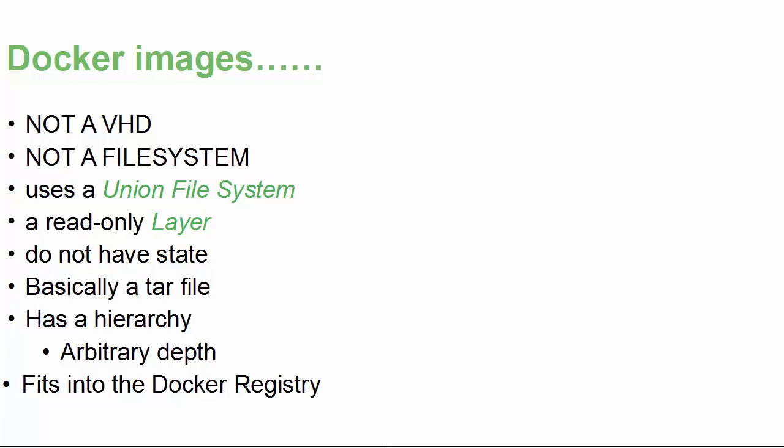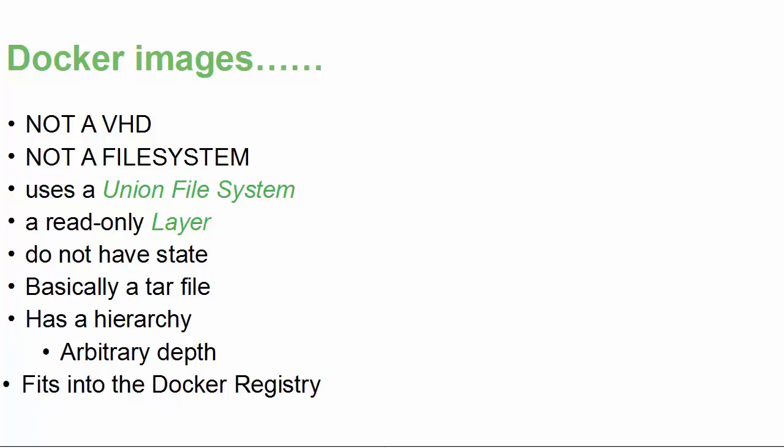Now it's important to note that your Docker image is not a virtual hard disk or VHD. It's not a file system. It uses a Union file system, and it's only a read-only layer. Also, Docker images don't have any state.